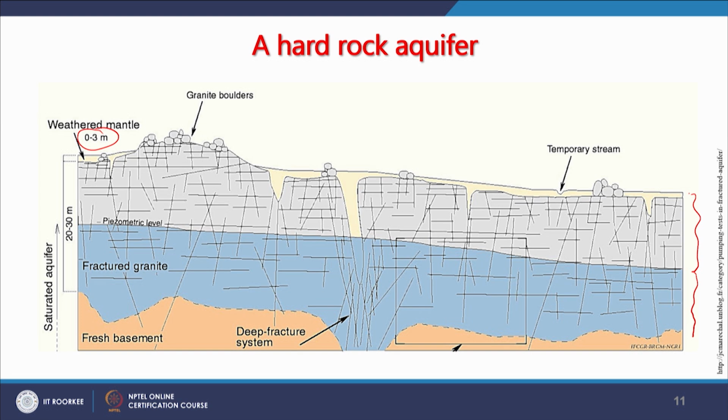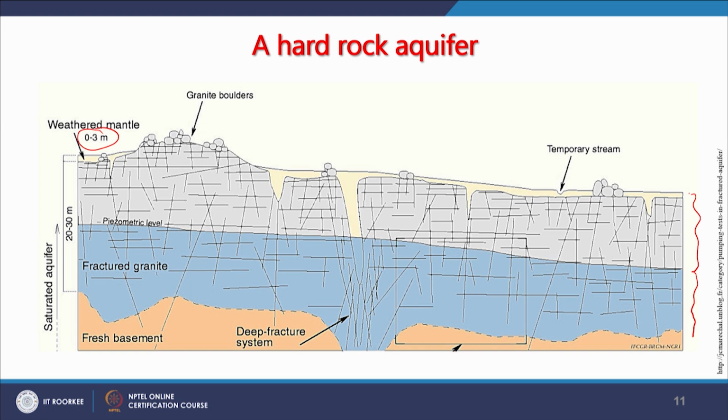And of course, this is all because of fractures. So, in hard rock terrain, if weathering effects are deeper and a lot of fractures are there, then the thickness of an unconfined aquifer may be good, but generally it does not happen, and that is why in the dry season the well goes dry, because this layer is not very thick.